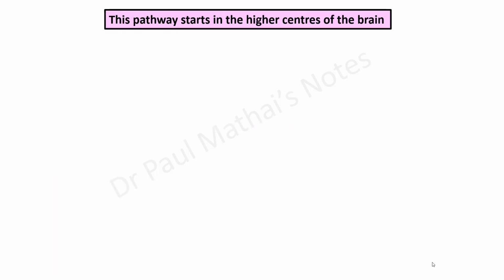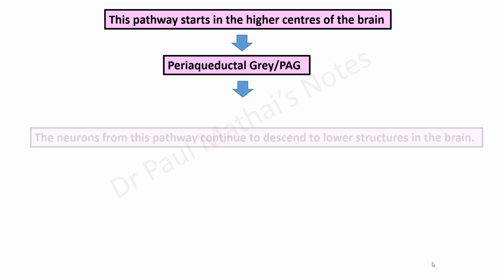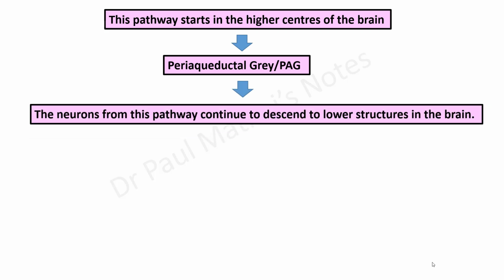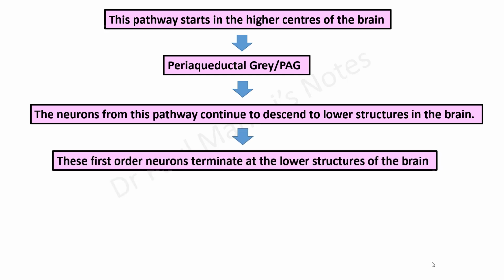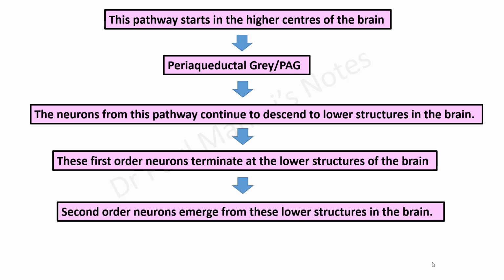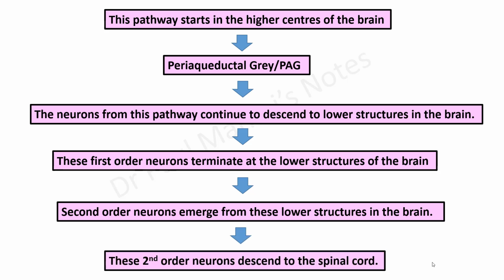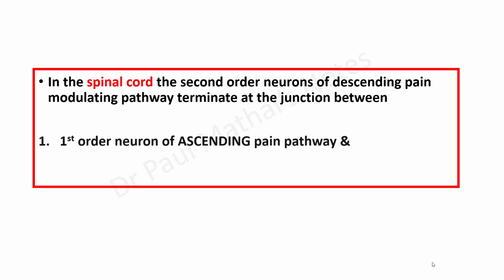So this pathway starts in the higher centers of the brain, particularly the periaqueductal gray. The first order neurons emerge from the periaqueductal gray and descend to lower structures of the brain, and these first order neurons terminate at the lower structures of the brain. Second order neurons emerge and they descend down the spinal cord and terminate.